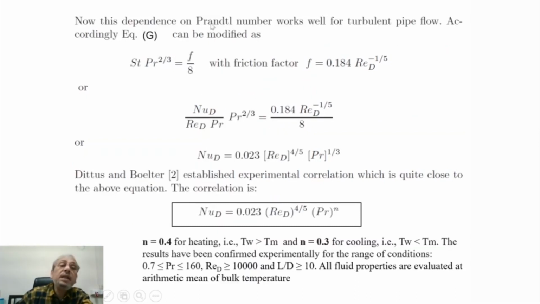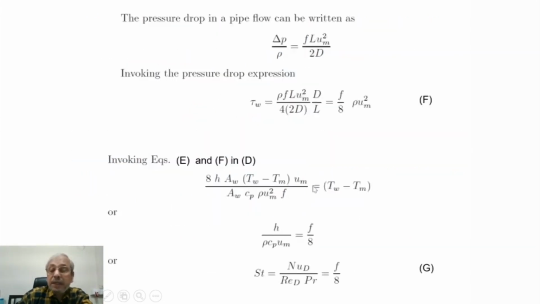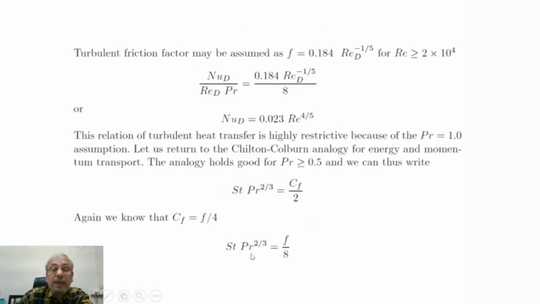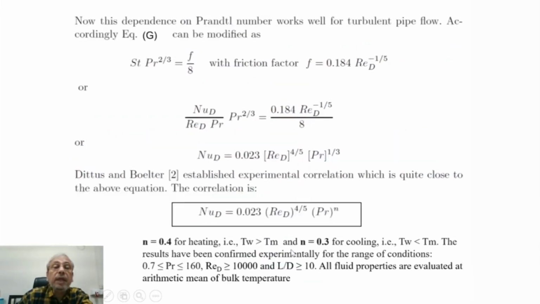Now, this dependence on Prandtl number works well for turbulent pipe flow. According to equation G, it was earlier Stanton number equal to f by 8. Now it is Stanton number into Prandtl number to the power 2/3 equal to f by 8.